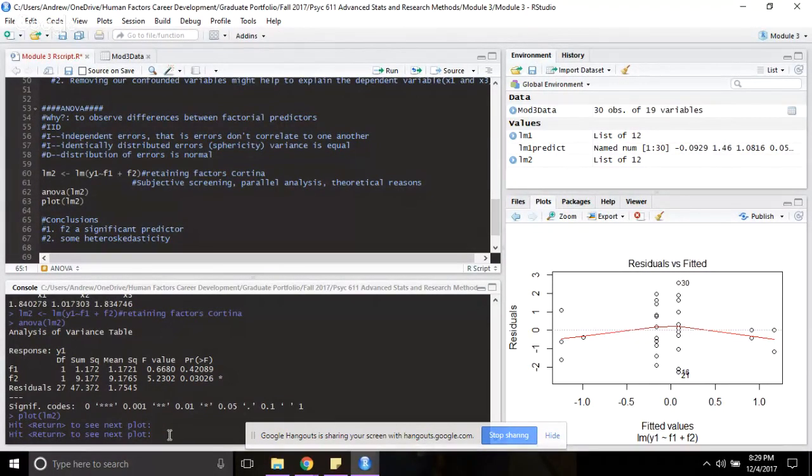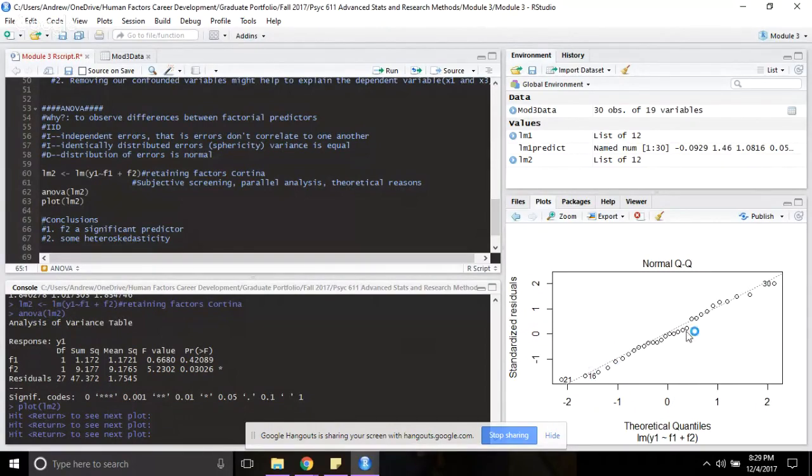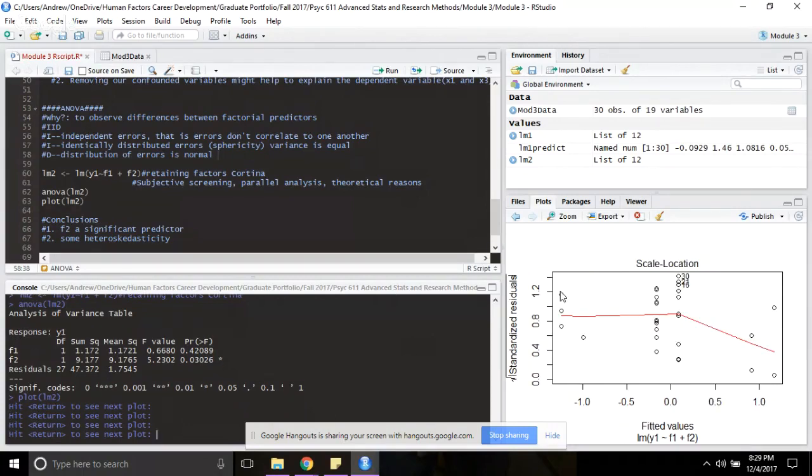So got that one. Here's our normal distribution of residuals. So that's the D of our assumptions. They look fairly normally distributed. And you can see that in other plots too. For example, you can see here, well, no, this is not around 0.